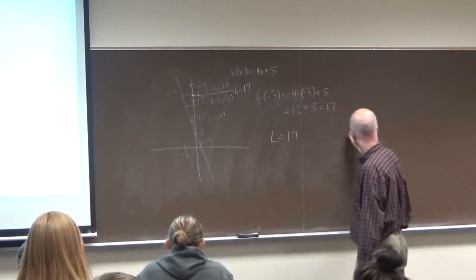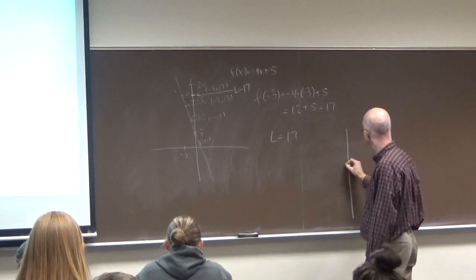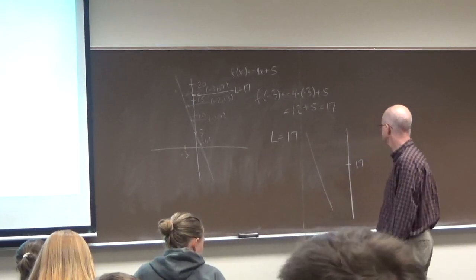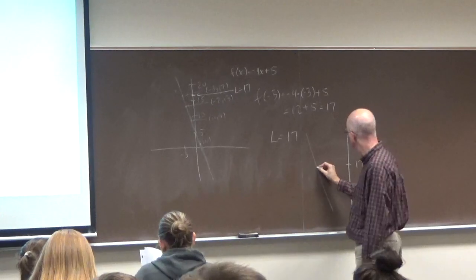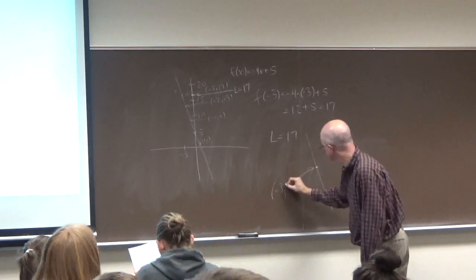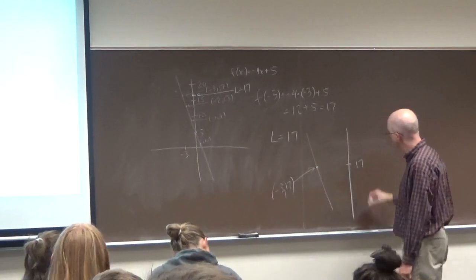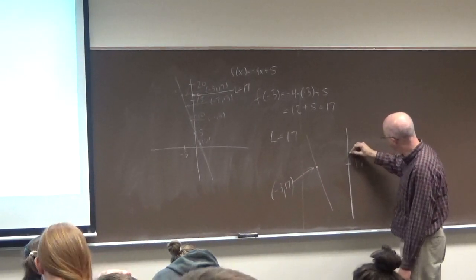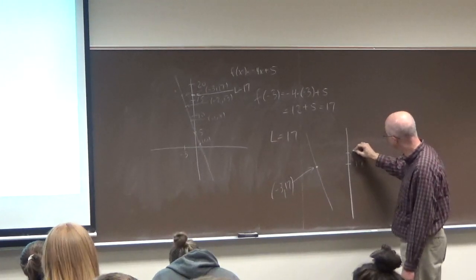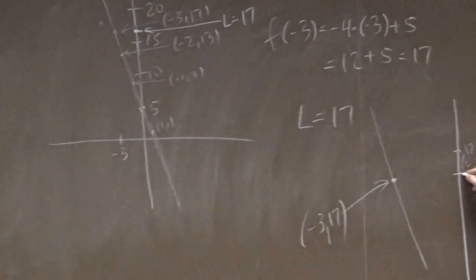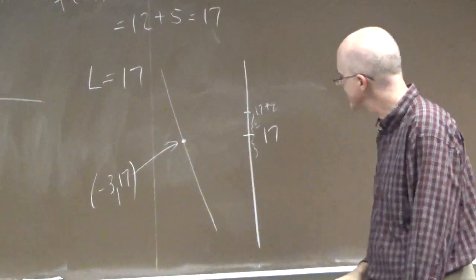I'm going to redraw the picture over here a little bit bigger. Imagine going up epsilon from 17 to the point 17 plus epsilon. Epsilon's a Greek letter, if you haven't figured that out.